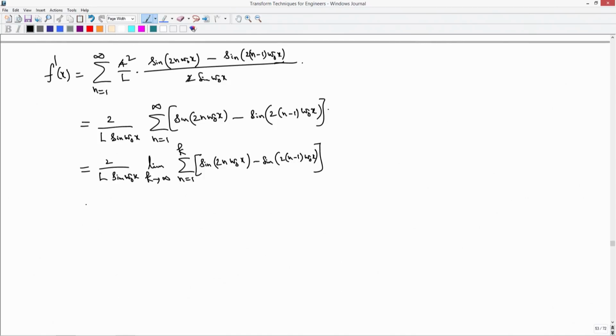Because this is a partial sum, if you expand it, it starts with sin 2 omega naught x minus sin omega naught x, and then plus the next terms, and this gets cancelled.